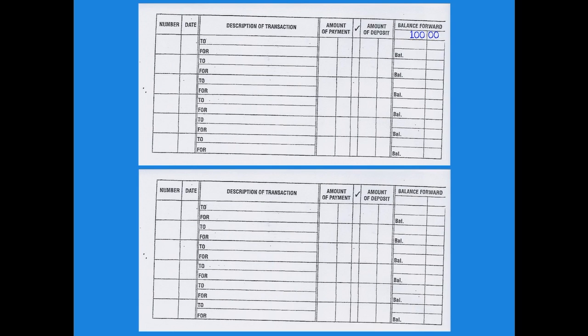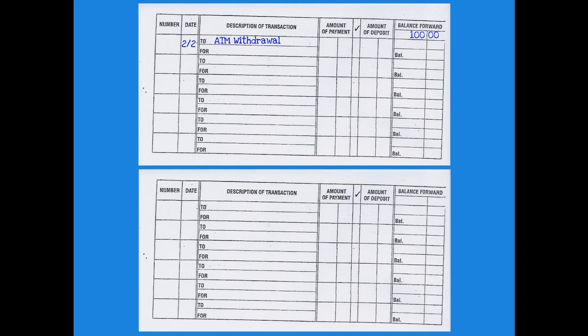Not rocket science here. On the transaction worksheet, you'll notice it says on February 2, we're only going to do one transaction. We're going to make an ATM withdrawal of $21.50. So we're going to enter the date of February 2nd. In the description of transaction, on the 2 row, we're going to enter what the description was: we performed an ATM withdrawal.